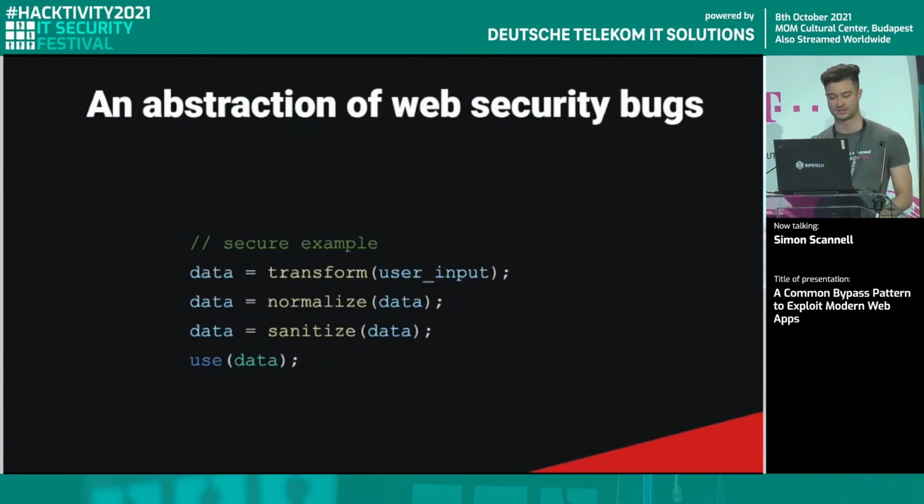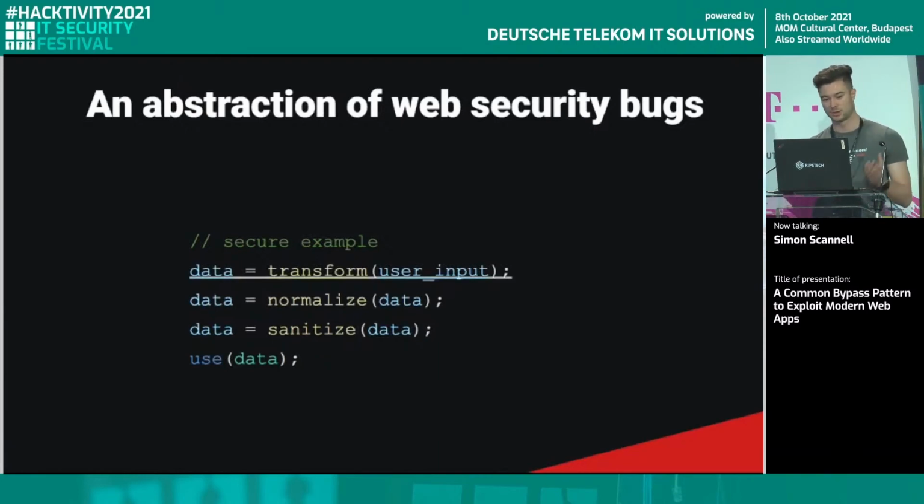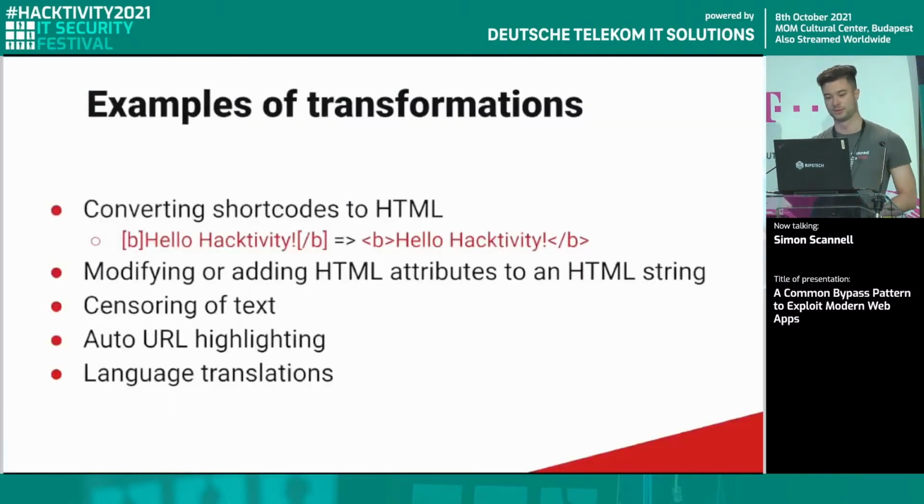It's actually being processed. And let's talk about what transformation would be, for example. So examples of this would be converting shortcodes to HTML. So I listed MyBB as one of the softwares that we found a bug in earlier, where you had a forum, and typically you have something like shortcodes, where you can convert the shortcodes to HTML. So you would transform the user input. Sometimes you want to modify an HTML attribute or add them to an HTML string that was generated out of the user input.